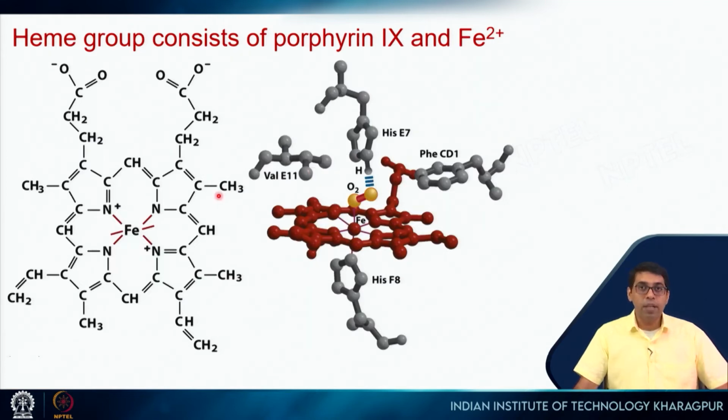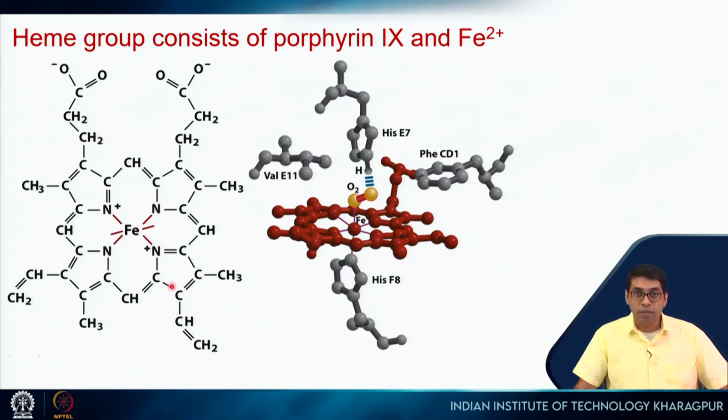So, this is the heme group. It consists of 2 parts. One is a porphyrin 9 moiety. So, porphyrin, depending on the groups that are present in these sites, can be classified as different numbers. The one we are talking about is porphyrin 9, and there is a ferrous ion at the center, and this ferrous ion forms an octahedral geometry. So, it coordinates with these 4 nitrogens.